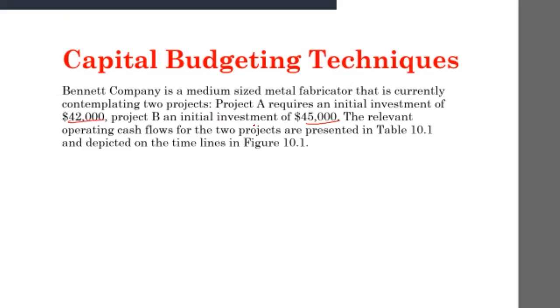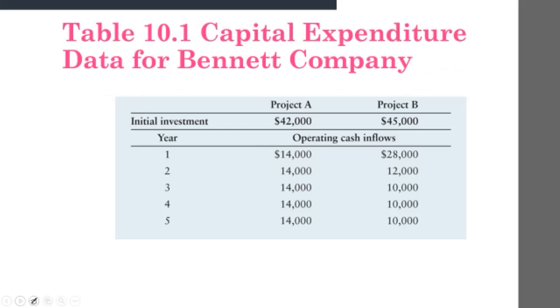The relevant cash flows for the projects are presented in the next table and the timeline. So here's what is happening: Project A is costing $42,000 and Project B is $45,000.